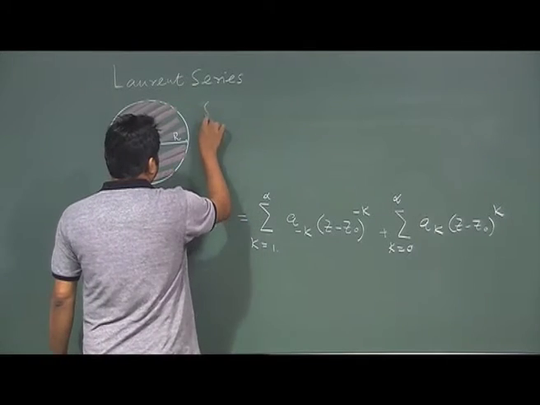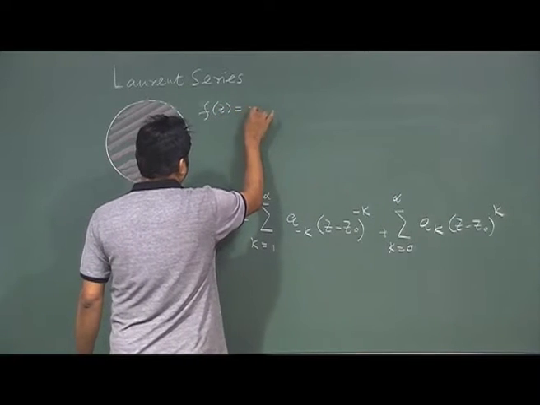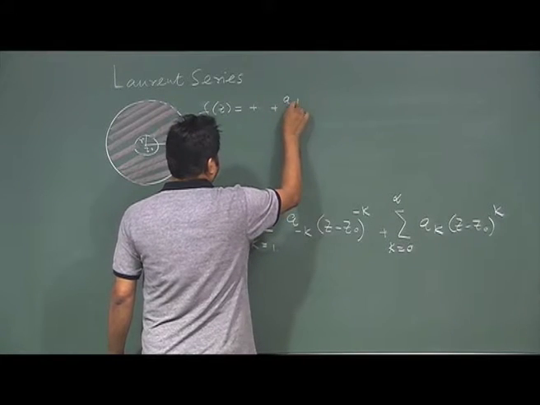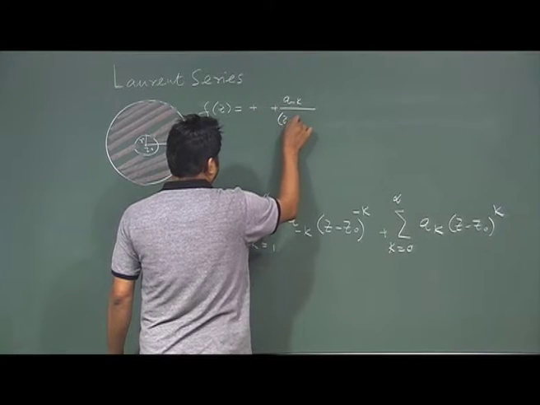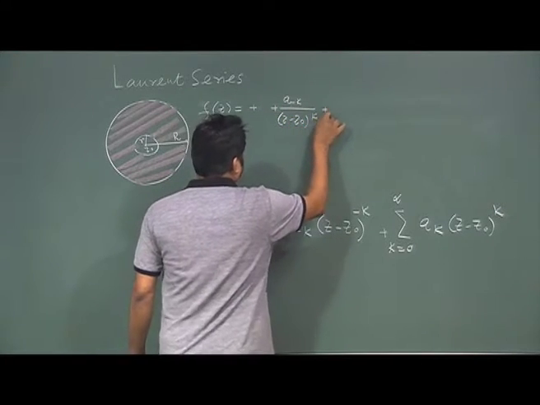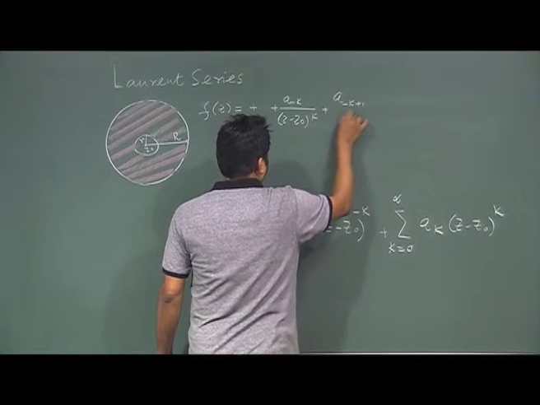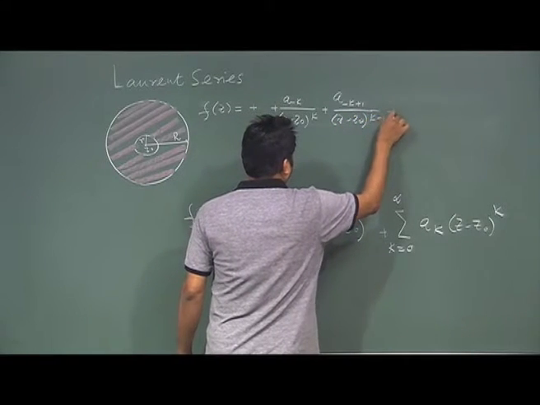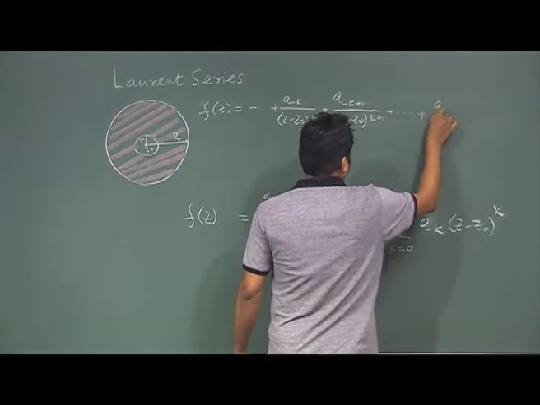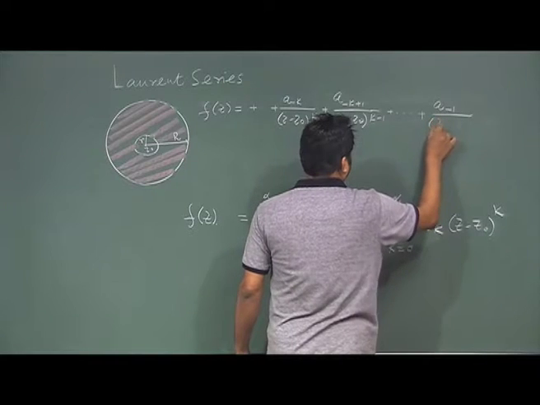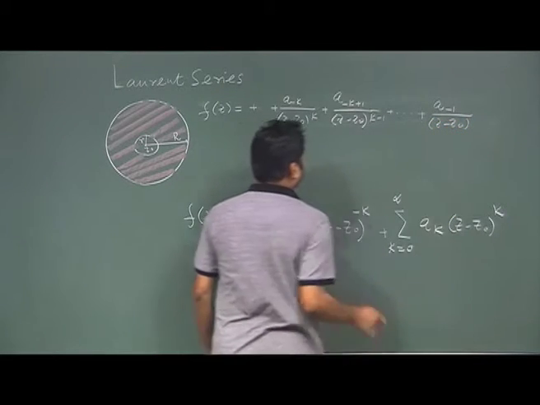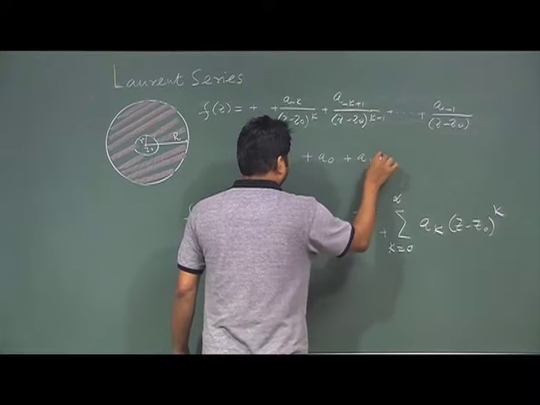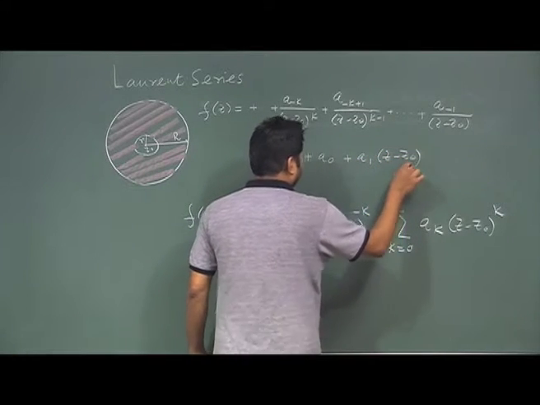So, if I expand, then f(z) will be something like a_{-k} divided by (z - z0)^k, plus a_{-k+1} divided by (z - z0)^{k-1}, and so on, plus a_{-1} divided by (z - z0), plus a0, plus a1 (z - z0).